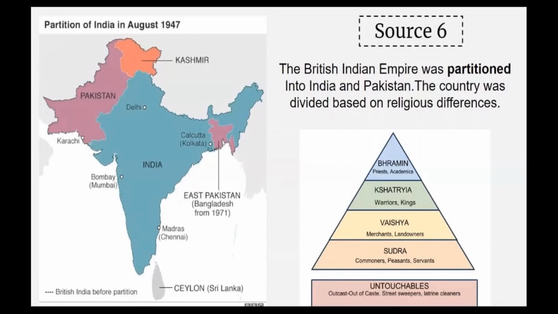So caste system में क्या होता था? There were Shudra, Vaishya, Kshatriya and Brahmin. This was the caste system which was followed, which is still now following by many people. So this is how people are divided in India. People were divided based on caste system, and there were two countries formed based on religion.